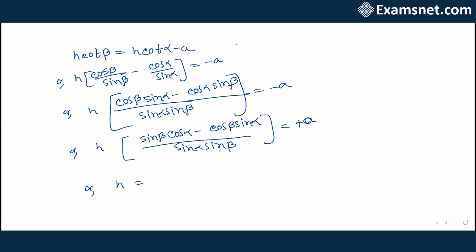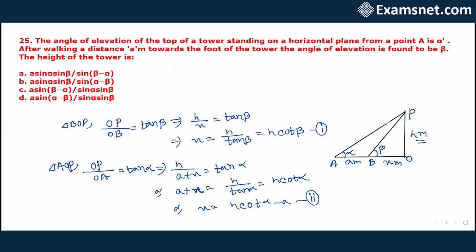After doing the cross multiplication, we can write a sine alpha sine beta, and since it's the expansion form of sine beta minus alpha, we will write it as sine beta minus alpha. So that's the height of the tower. Here it matches with option A: sine alpha sine beta by sine beta minus alpha is the height of the tower.